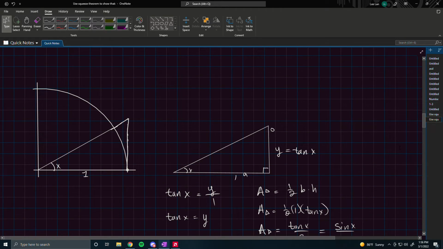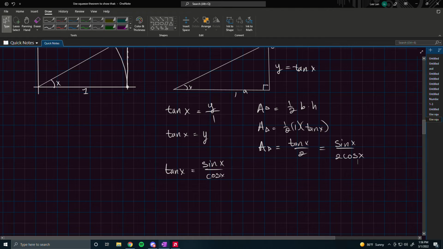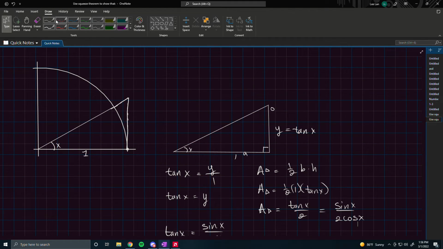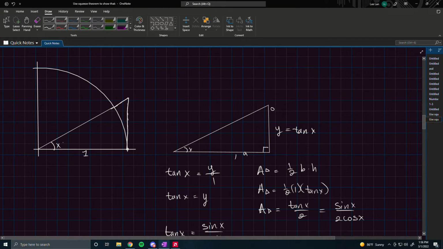So why does this matter? Let's look at the sector again. Now we can compare areas again. We have the area of the sector, this red shaded area, and we said that the area is x over 2.